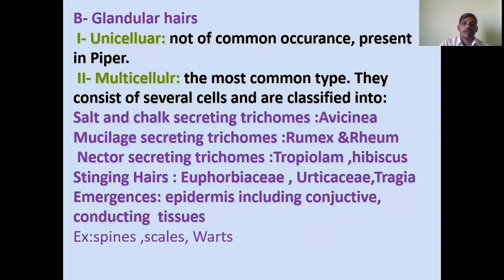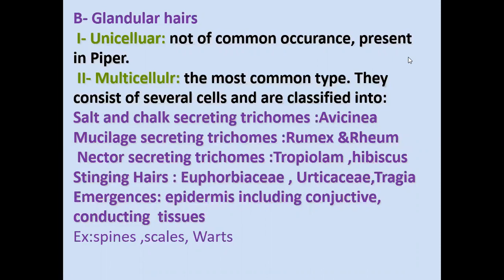Next one is glandular hairs. Glandular hairs are mostly common in dicots. They consist of several cells and are classified into different types. In glandular hairs, unicellular ones are very rare, present in piper only.